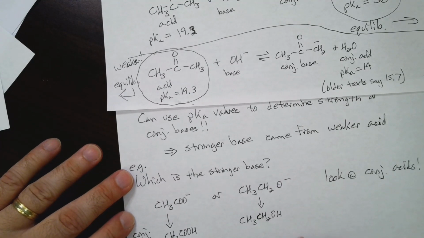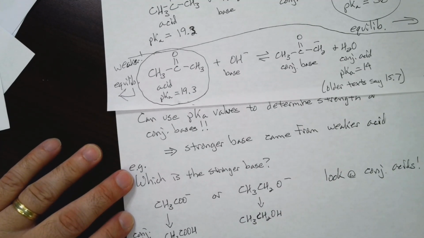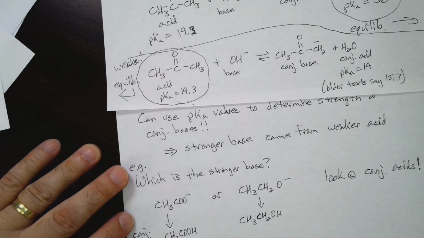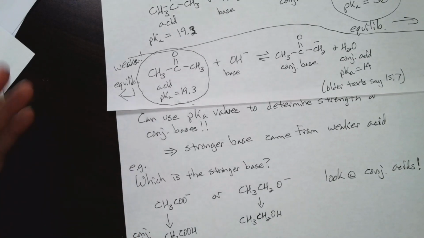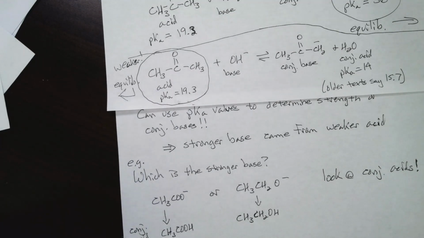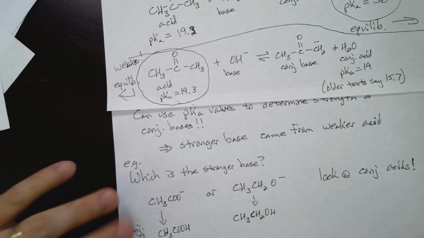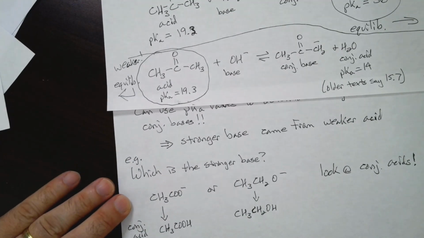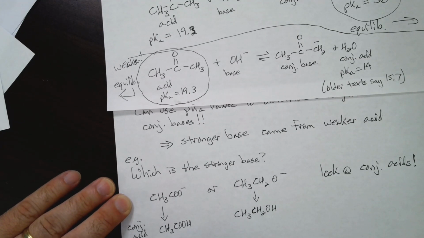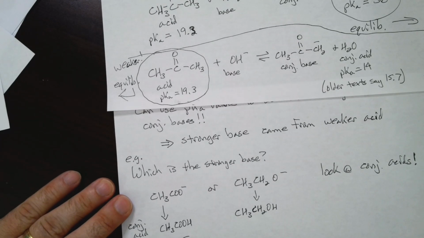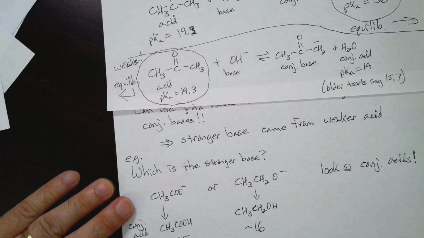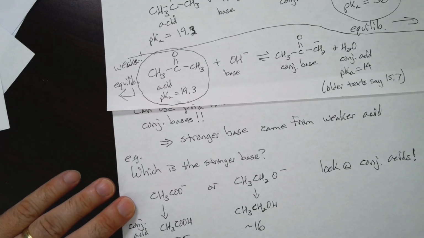How did I get these? Well, I just added a proton. To get a conjugate acid, just add a proton. If you have an acid and you want to get the conjugate base, just take a proton away. Now you want to make sure you choose the right proton, and we can talk more about choosing the right proton. My pKa is 4.75 for acetic acid, and it's around 16 for ethanol.